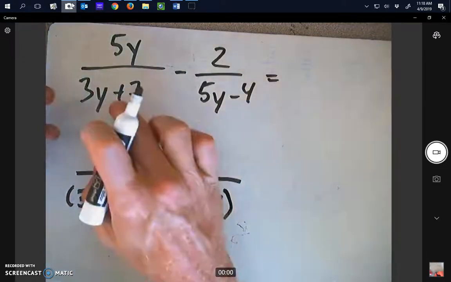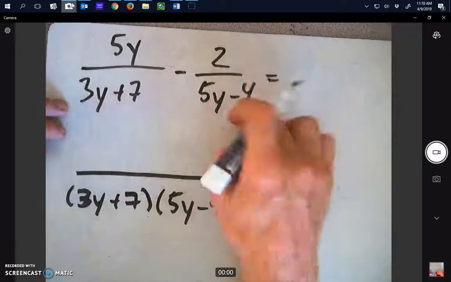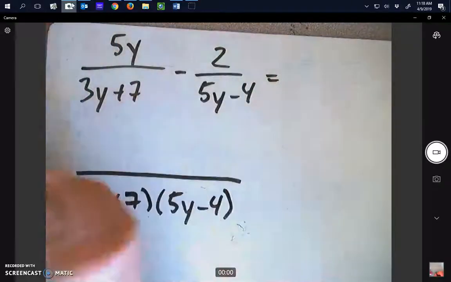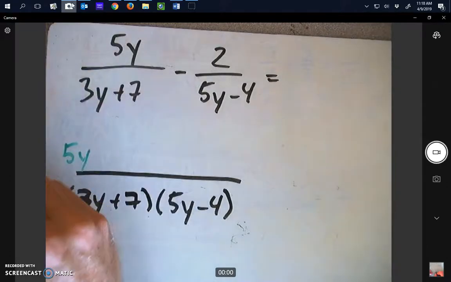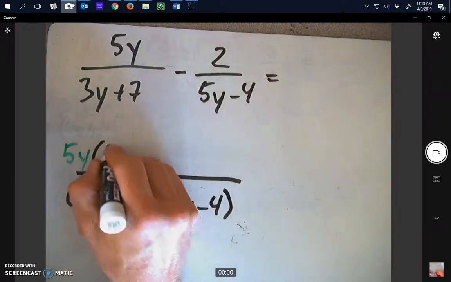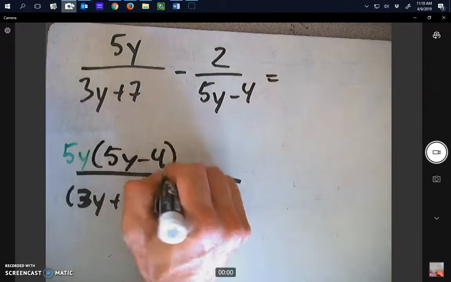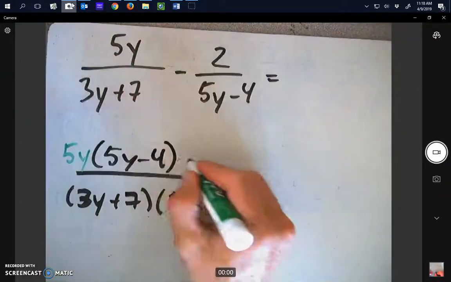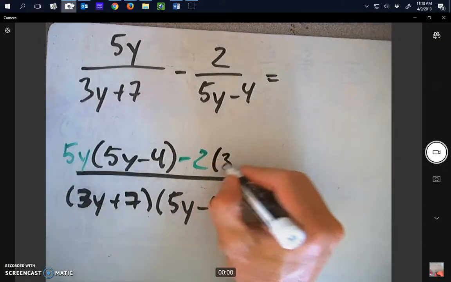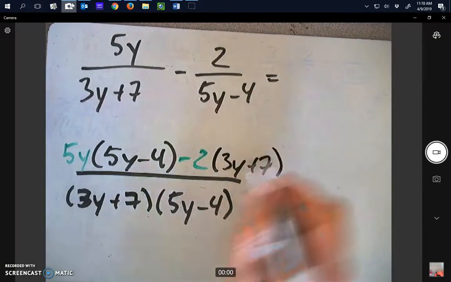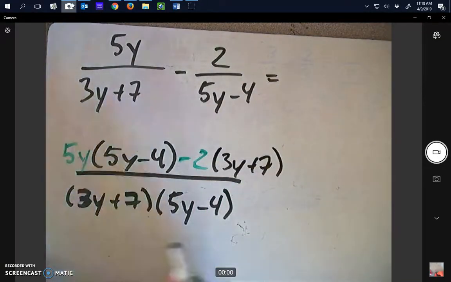Okay, so we're going to do this denominator times this guy and this by that guy. So we have 5y times 5y minus 4 minus 2 times 3y plus 7.